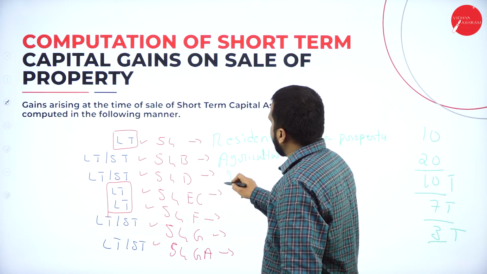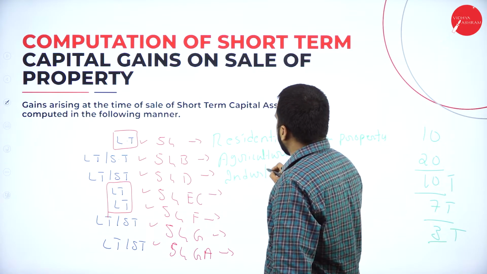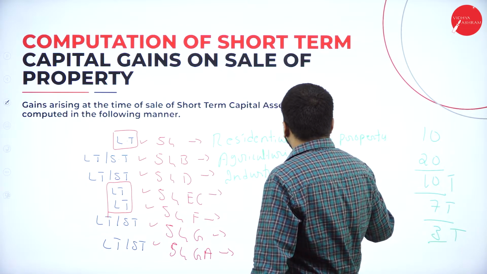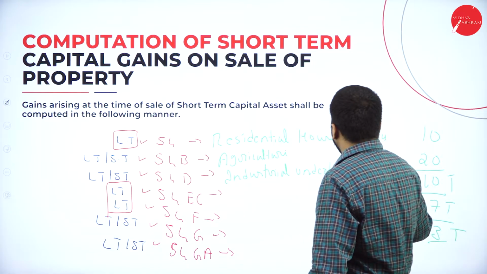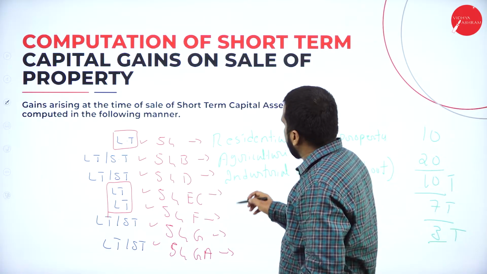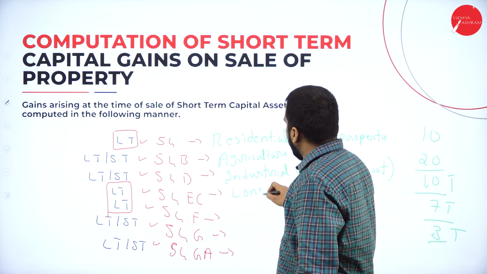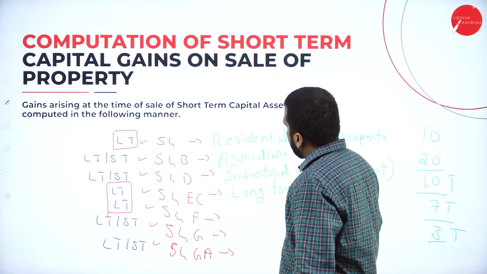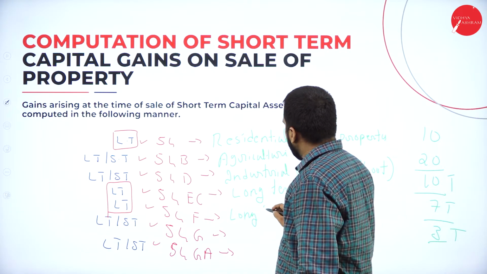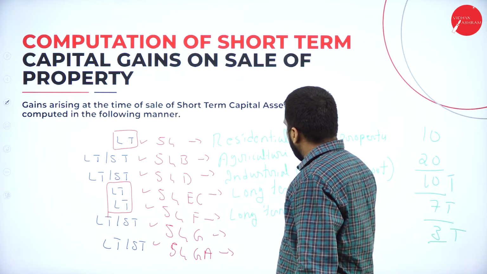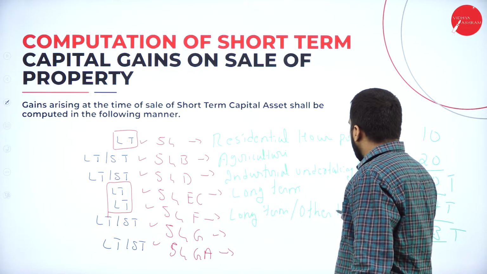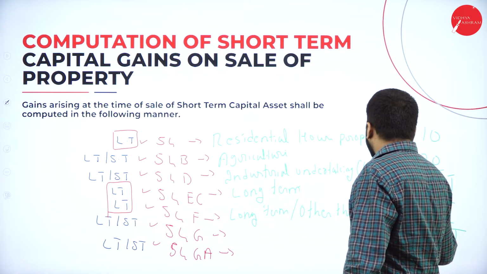And the third one, industrial undertaking, or else we can call it government compulsory acquisition. This one is for any long-term capital asset. And this one again, long term. And other than residential.